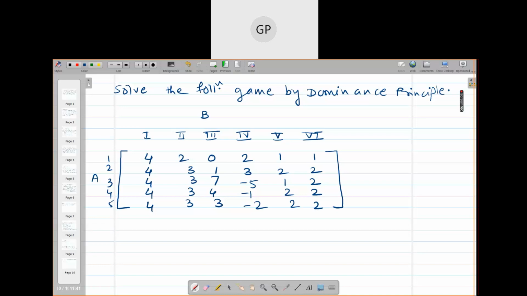Row 1 is less than row 2. So we can skip row 1, right? Then next, any other row dominance?